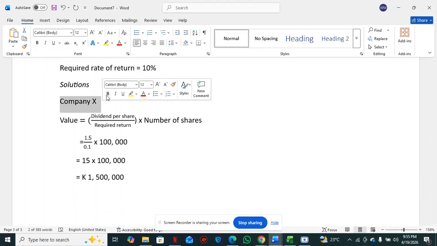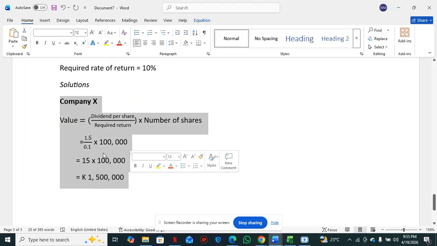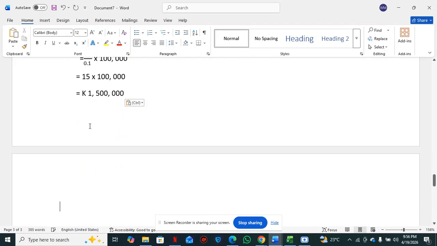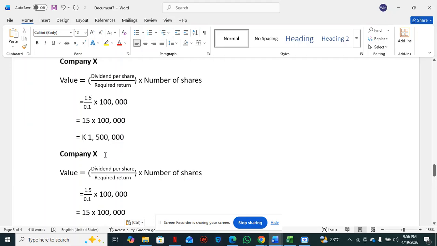Then for company Y, dividend per share is 3 kwacha. 3 divided by 0.1, that is 30 kwacha.